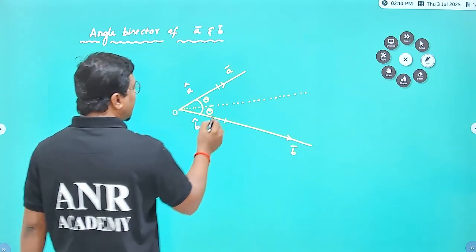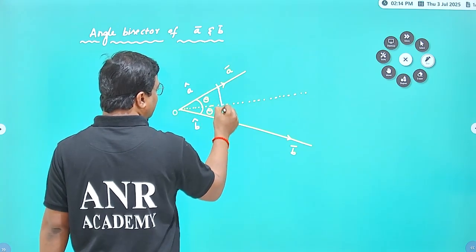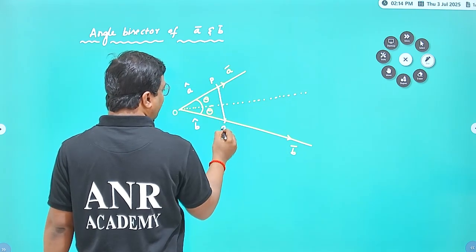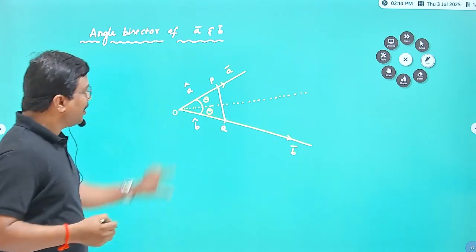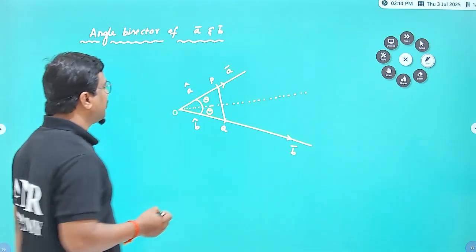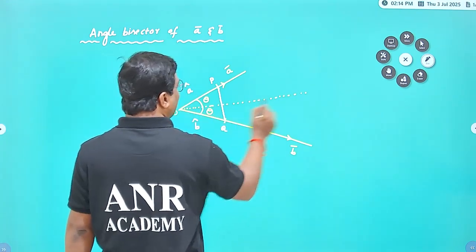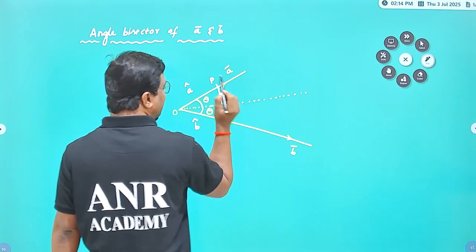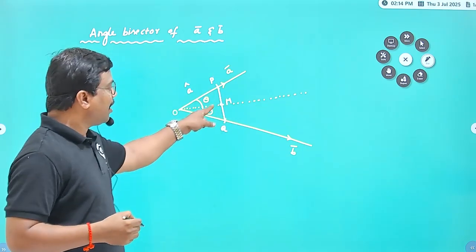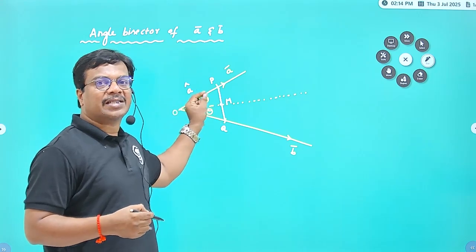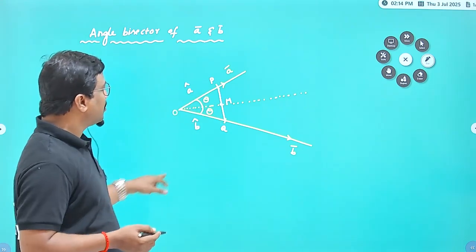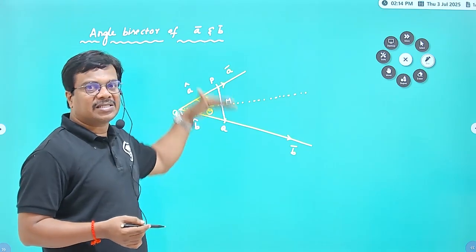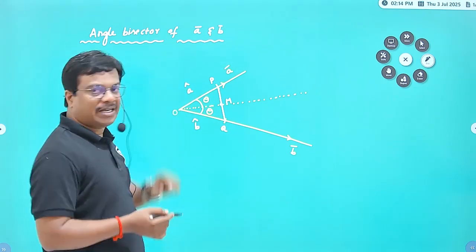When you join these two points, suppose that this is some P and this is another point Q. Joining these two points P and Q, this angle bisector must pass through the middle point of this line segment. So here I am going to mention the middle point as capital M. So M is clearly the middle point of PQ when you reduce both the vectors A bar and B bar into unit vectors.